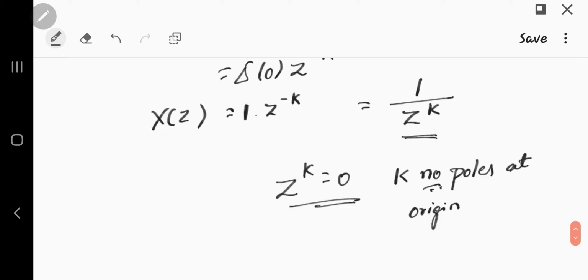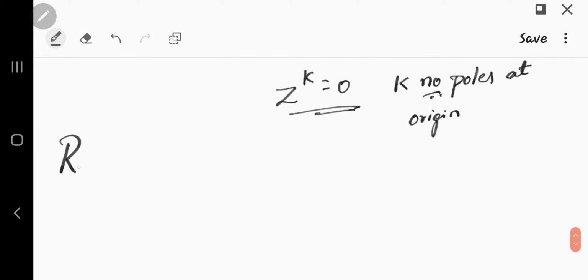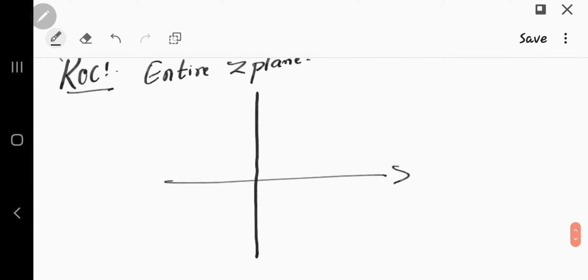It may be any number, it may be 2, 3, 4, etc. Now coming to this ROC, ROC is the entire z plane, and it also includes k number of poles. So that is the seventh property we have here. It is bounded by poles.